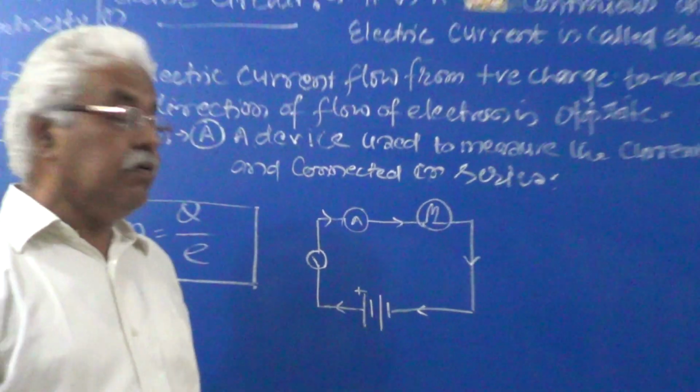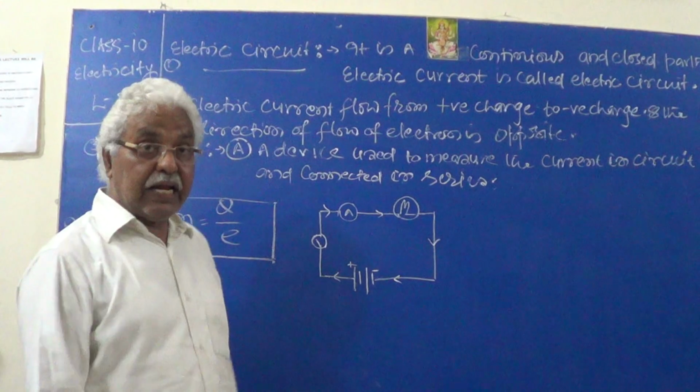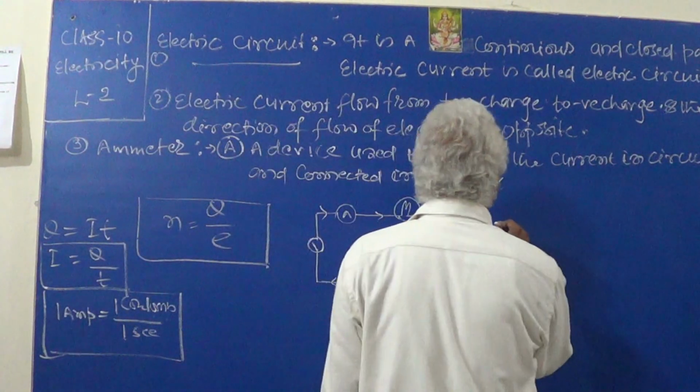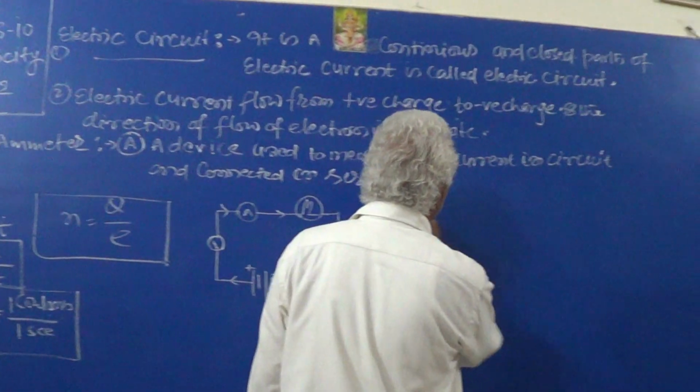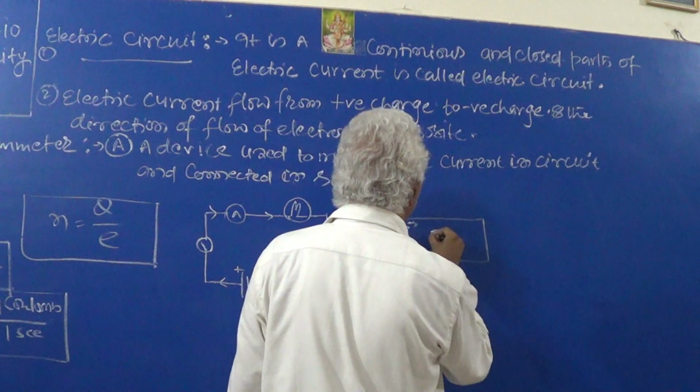Now this is your negative terminal. But you know that electrons will flow. How will the electrons flow? That also you try to think of. Now this is your wire. Here electrons are moving like this.